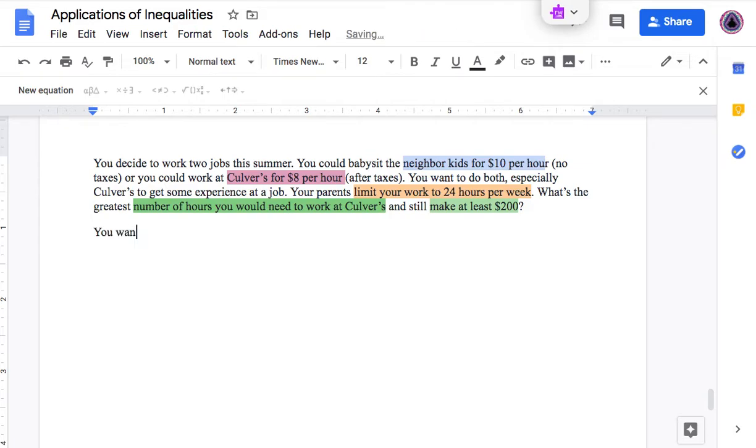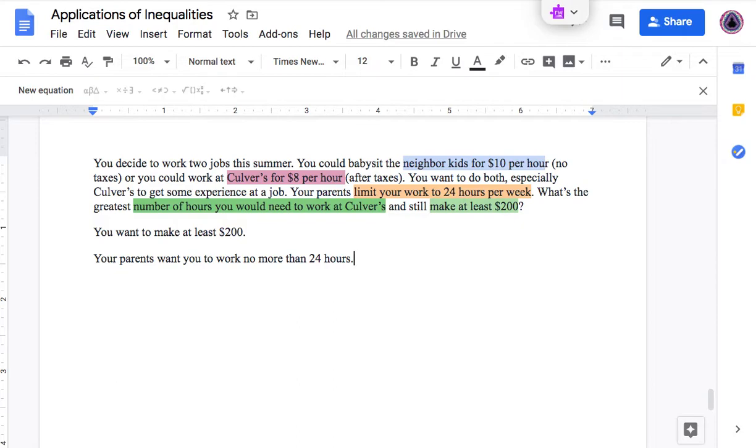So, you want to make at least $200. Your parents want you to work no more than 24 hours. So what we have now is that we have to fit both of these requirements.